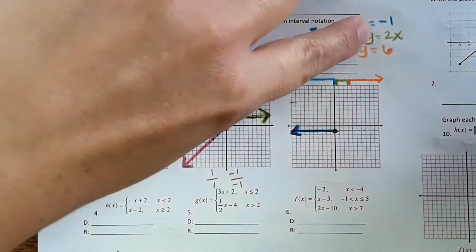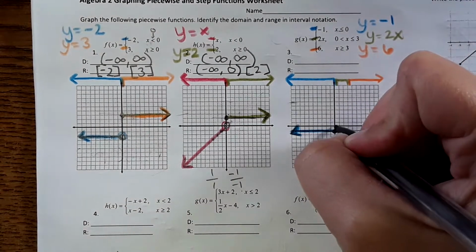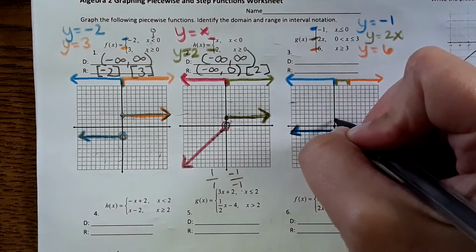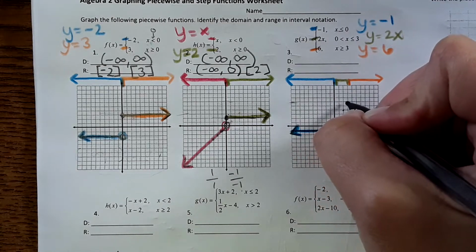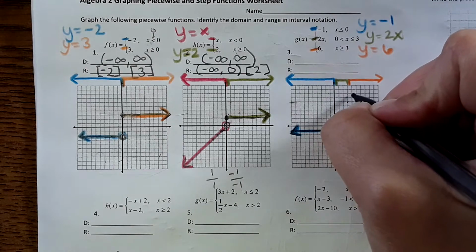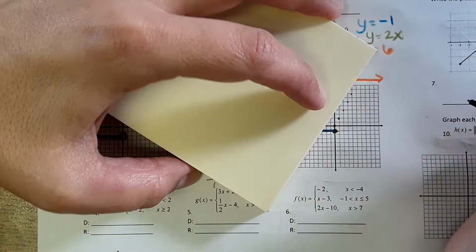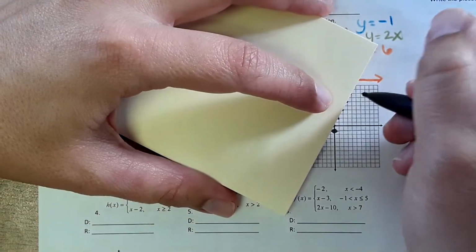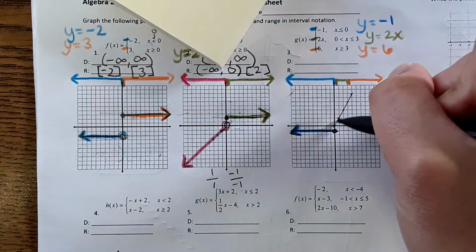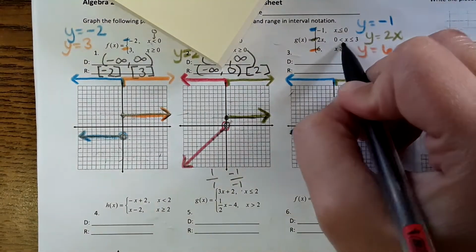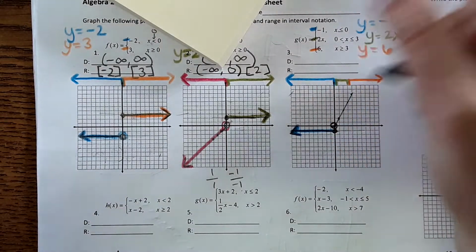Then the next line, y equals 2x. Your y-intercept would be 0, and then the slope is 2 over 1, so up 2 over 1. Zero's not included there, so that would be an open dot at 0.